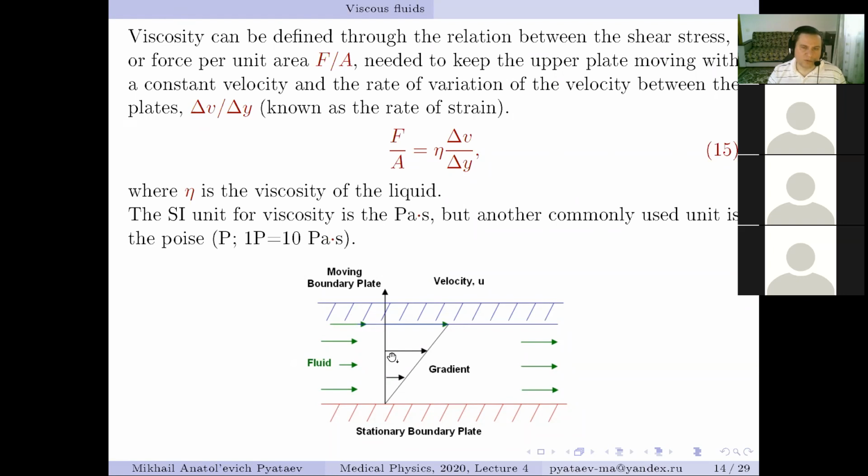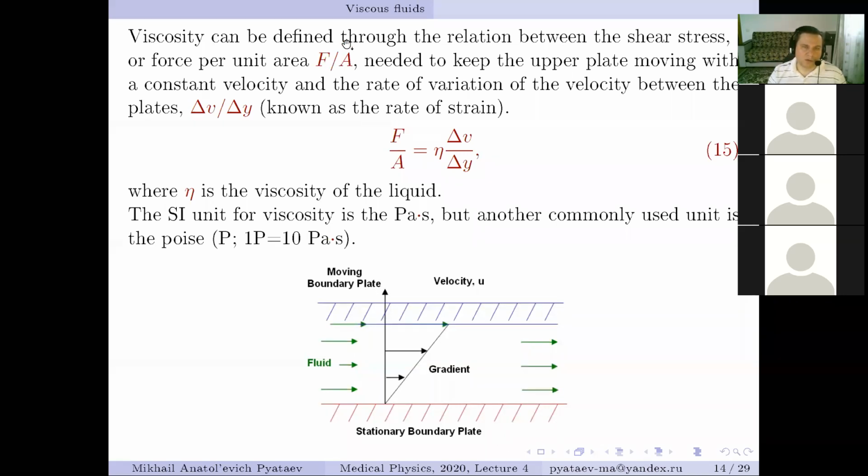This force of interaction between two layers should be proportional to the area of the layers. This is the area in the direction perpendicular to the plane of the picture, so it is the area of the plates, the top and bottom.